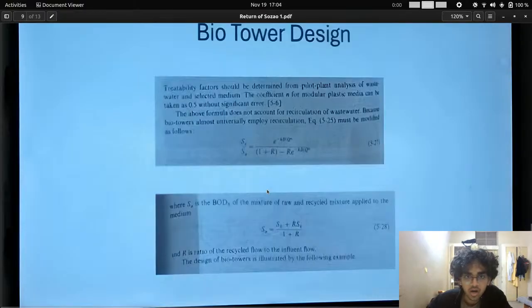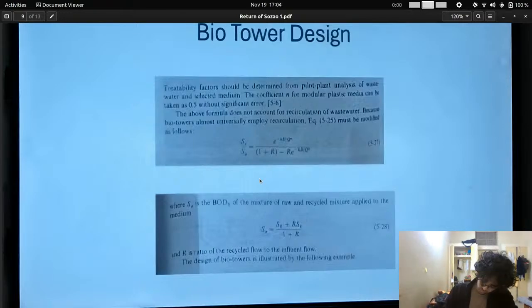What the hell is R? If recycling ratio is R, Se is not equal to S naught e raised to power minus Kd by Qn.